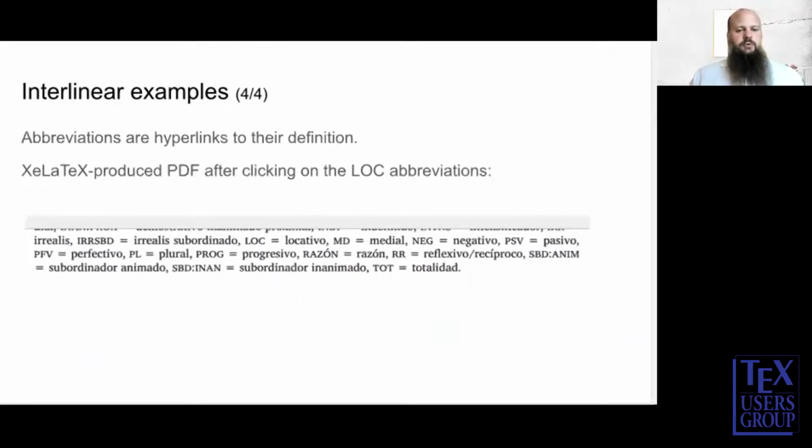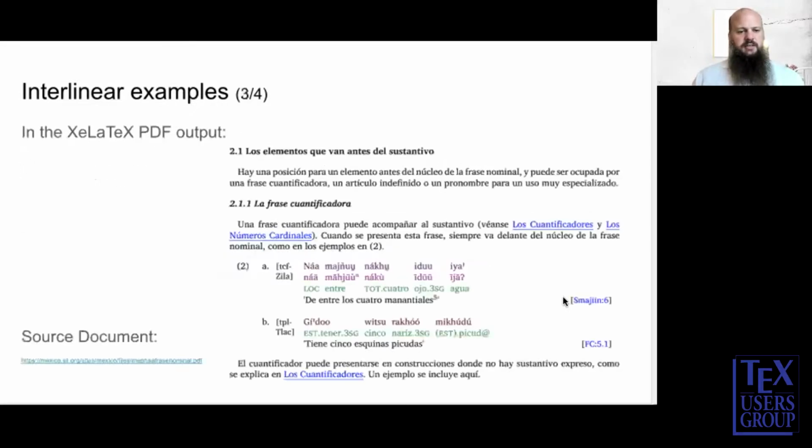So here's an example of the output of several abbreviations. You can see this text produced as a PDF. If a reader of the PDF wants to, let's say it was in the text, let's go back.